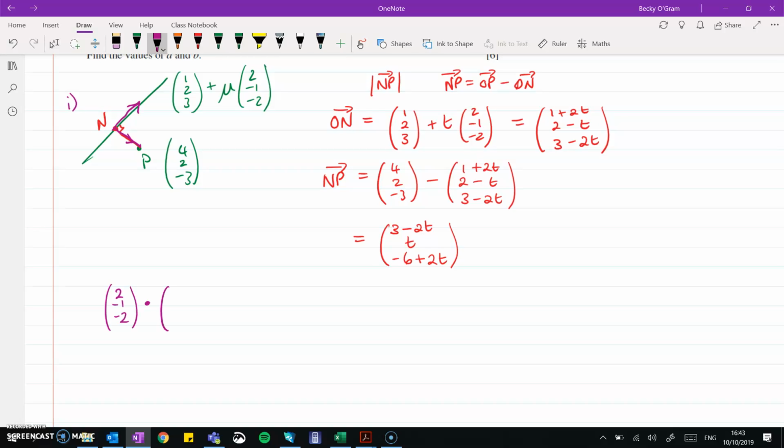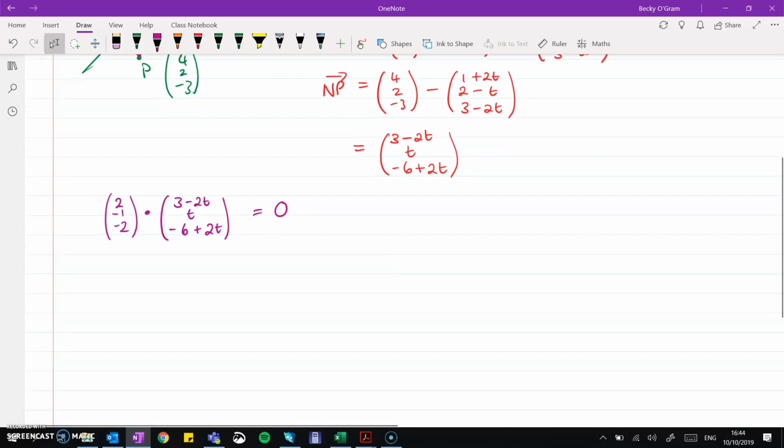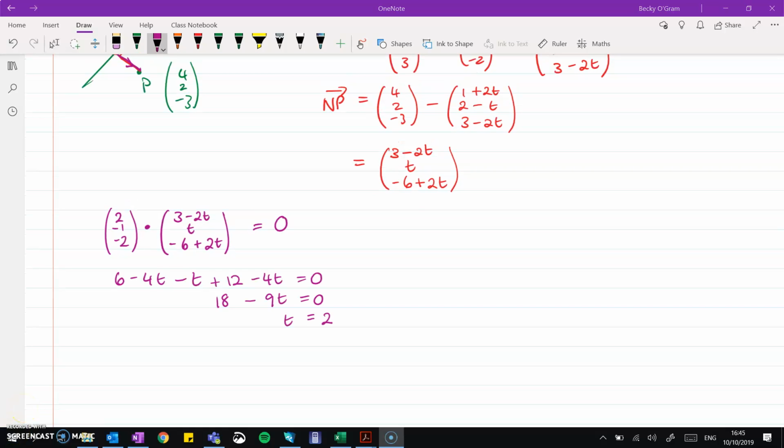If we do the scalar product with what we just worked out for NP, then the answer to that has to come to 0 because they are perpendicular. We can use that to work out what t is. Working that through gives us that t is 2.